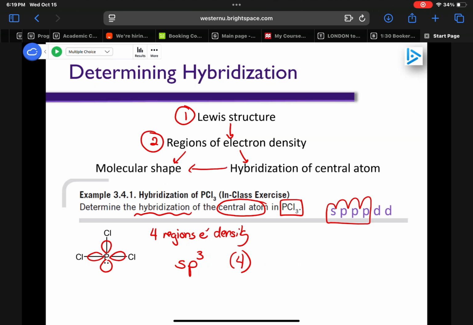We could also figure out the shape. So I take that tetrahedral shape over here that has 4 regions of electron density. And now's the time, if you have really good eyes, you can read really tightly there. What does it say on the prong of your black model?